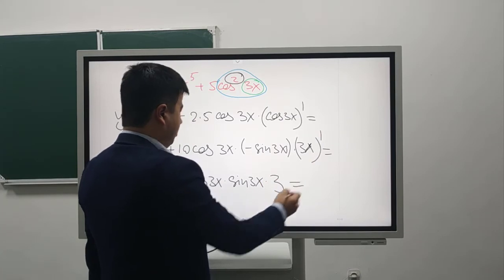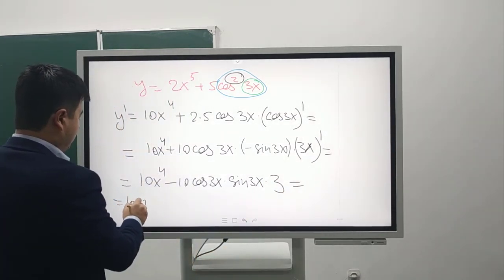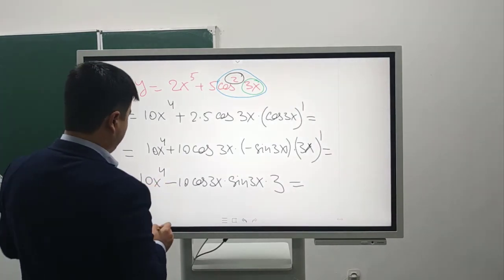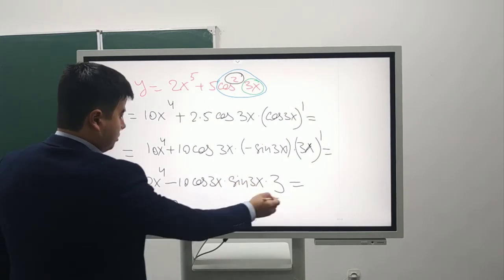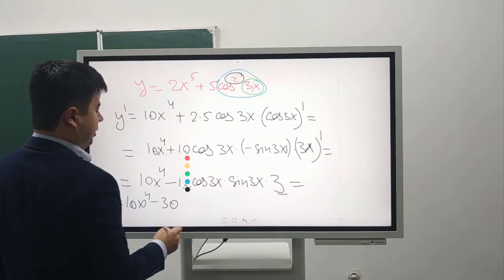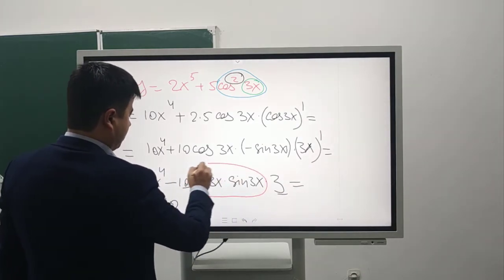Okay, so here we have 10x to the fourth power minus now 30 cosine 3x sine 3x.